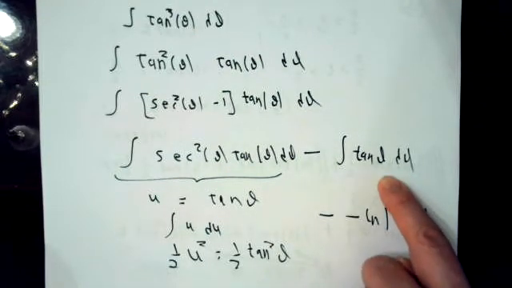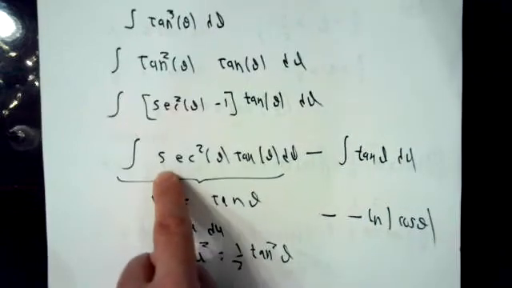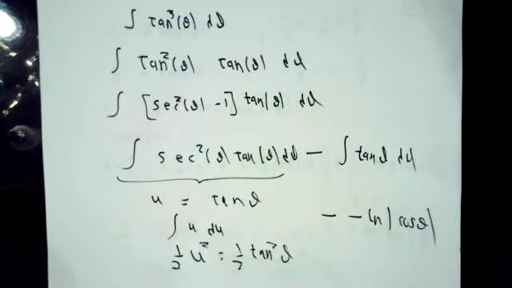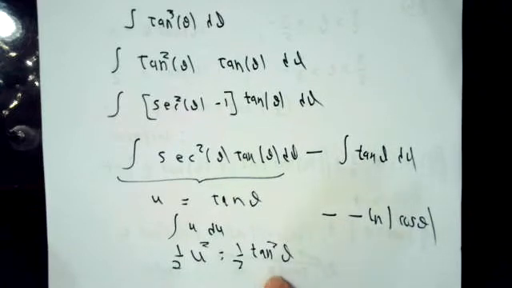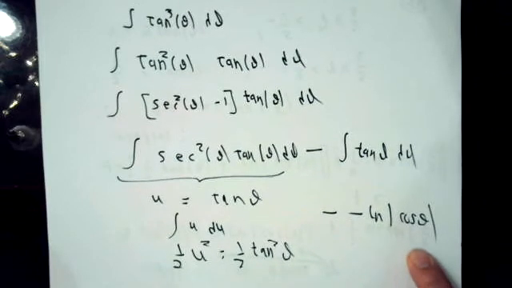This one's on our list of things we know. This one I can do with a u substitution, letting u equal tangent of theta. So the du is secant squared theta d theta, and you end up with 1/2 tangent squared of theta minus minus, which is plus, natural log absolute value cosine theta.